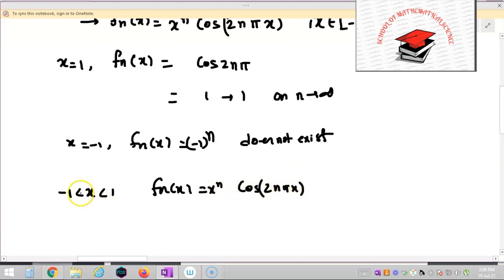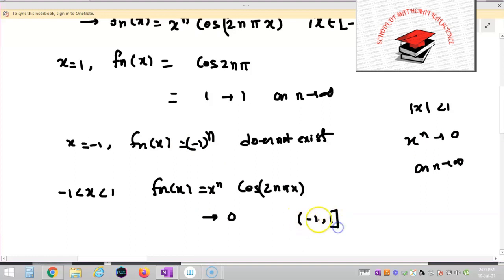Now we know that if mod x is less than 1, x to the power n tends to 0 as n tends to infinity. So this tends to 0 and cos is a bounded quantity, so this actually tends to 0. So its limit exists on (-1, 1].